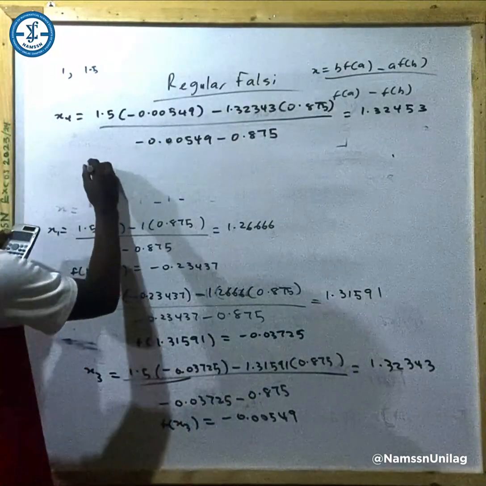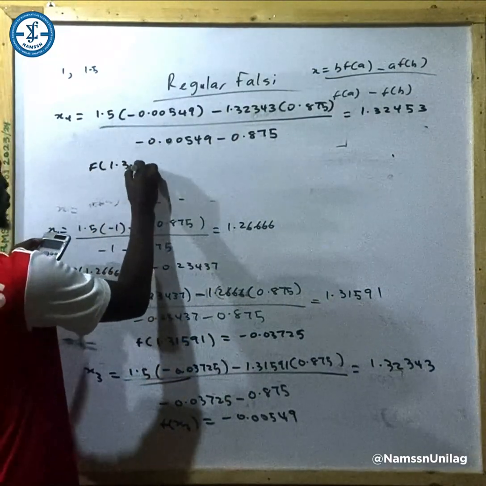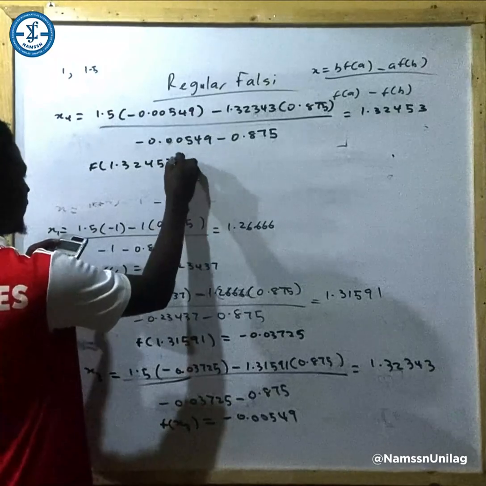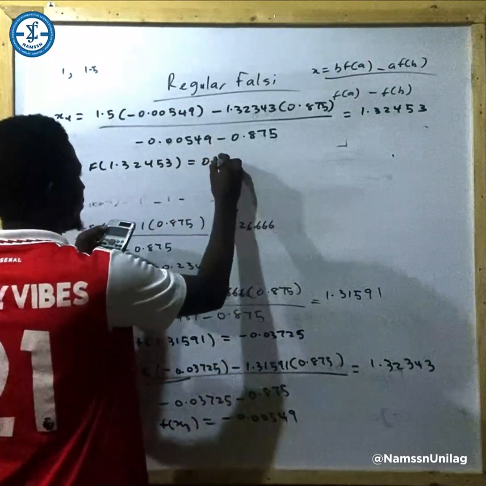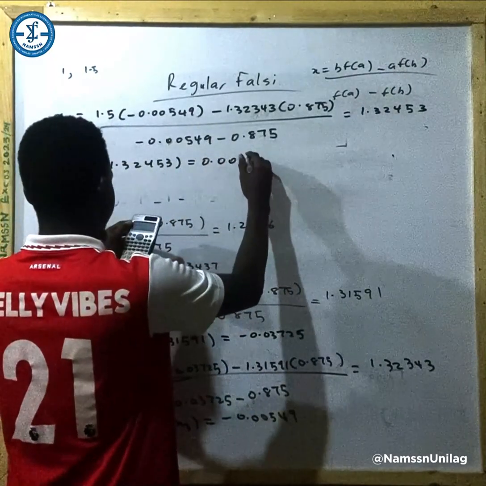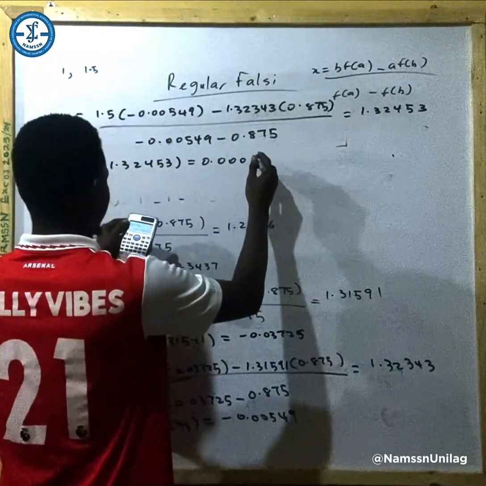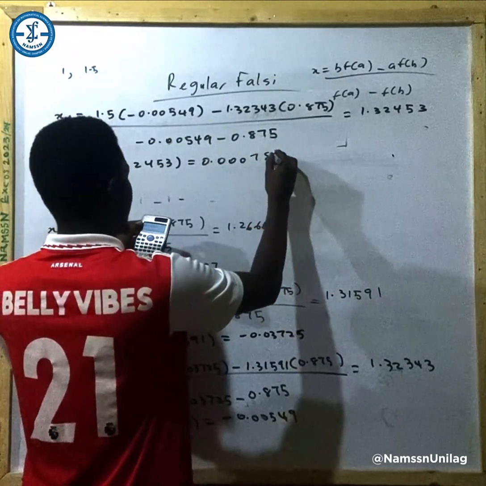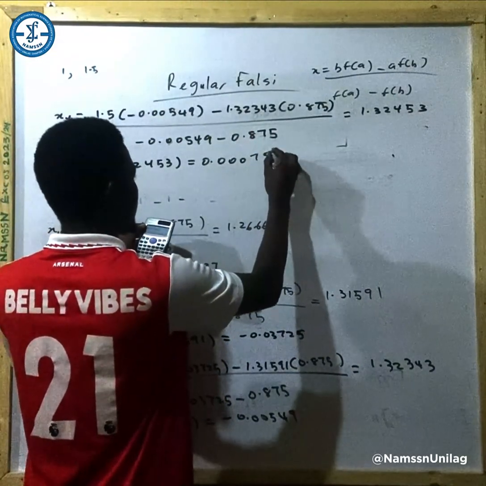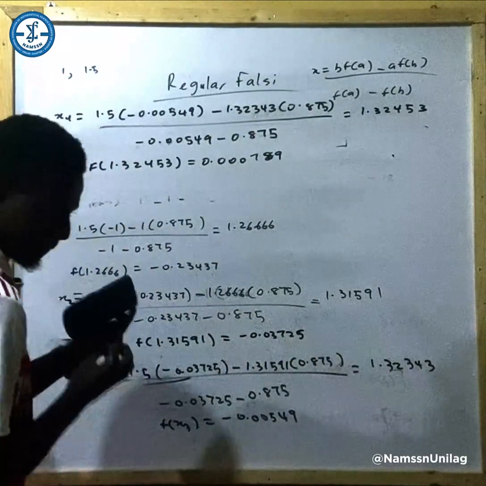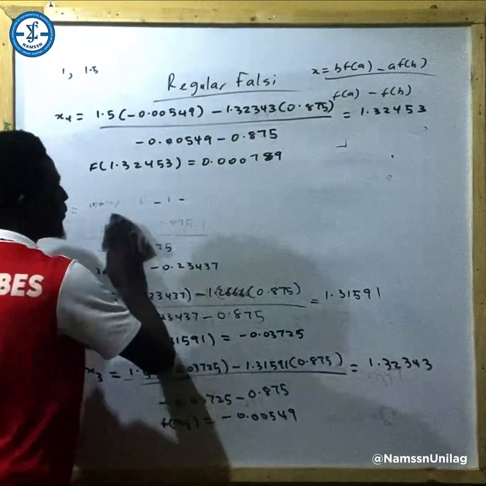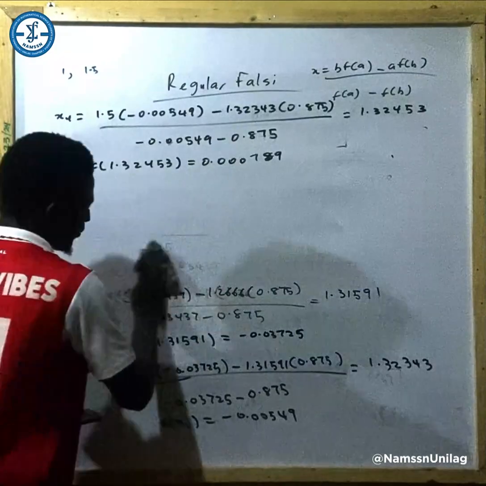So f of 1.32453 is giving us 0.000789. So you do some more iterations.